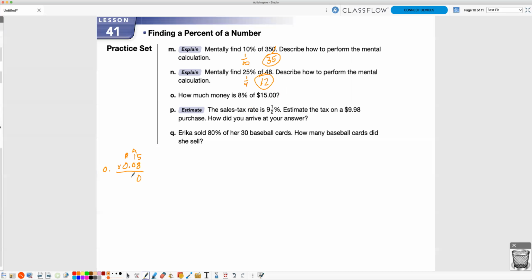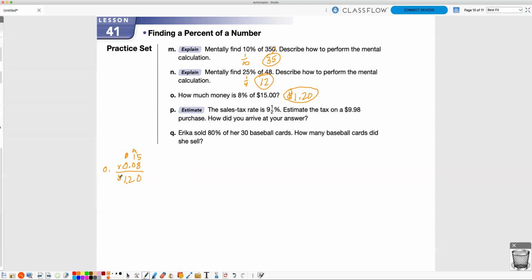This is 8 plus 4 makes 12. And then I move the decimal over 2 places. So it's $1.20 for the tax, basically, is what they're looking at there. So $1.20 is what 8% of $15 is.